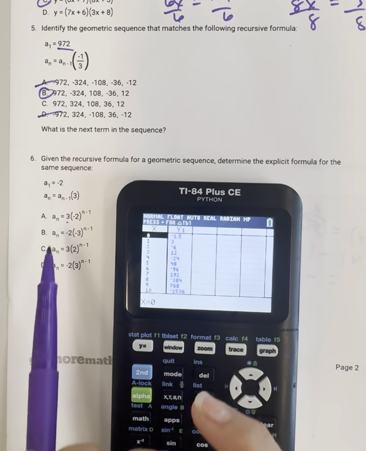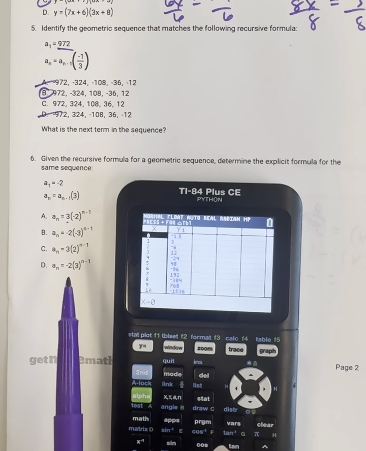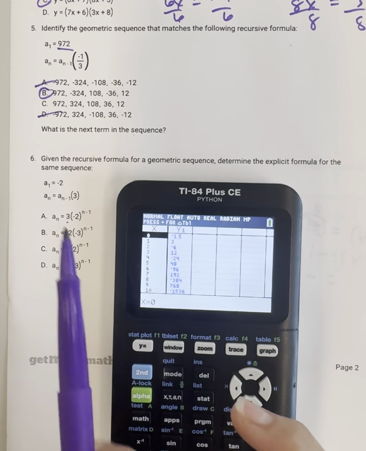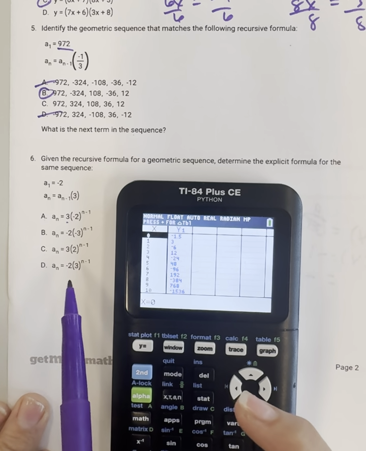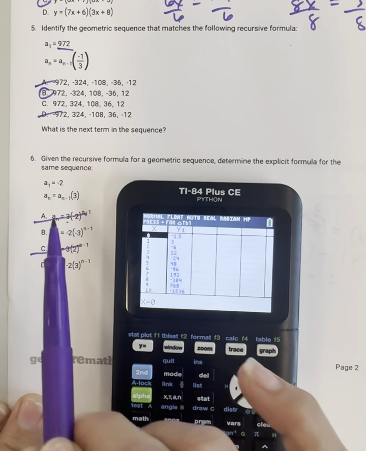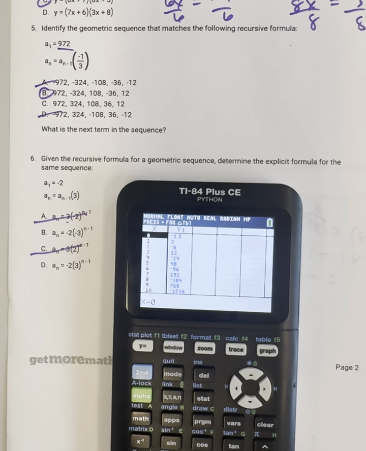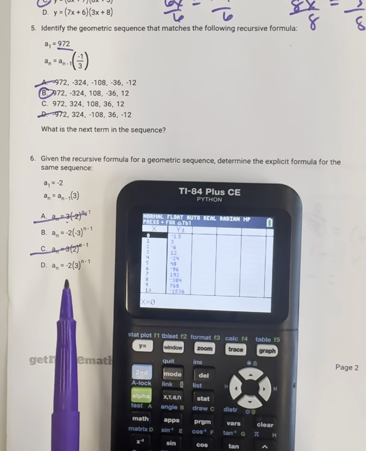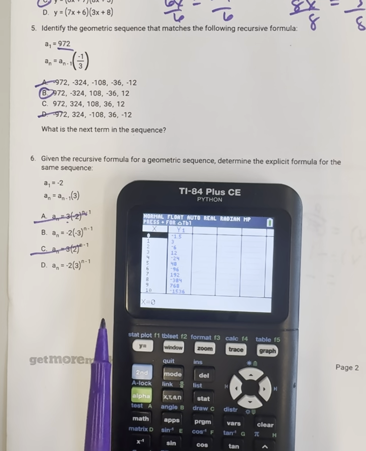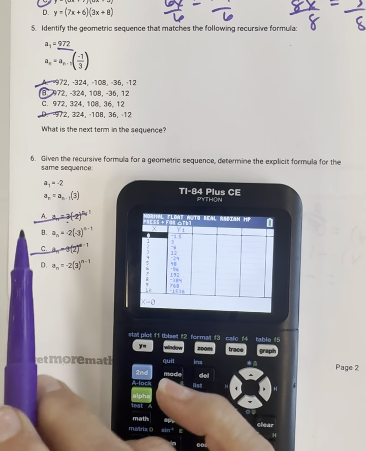So obviously when you have 3 out front, which happens to be your y-intercept, that is your first term. So we're going to get rid of C and A. Okay, so now let's look at the difference between B and D. So -2, that's good. And we're multiplying times 3. So my guess is going to be D.